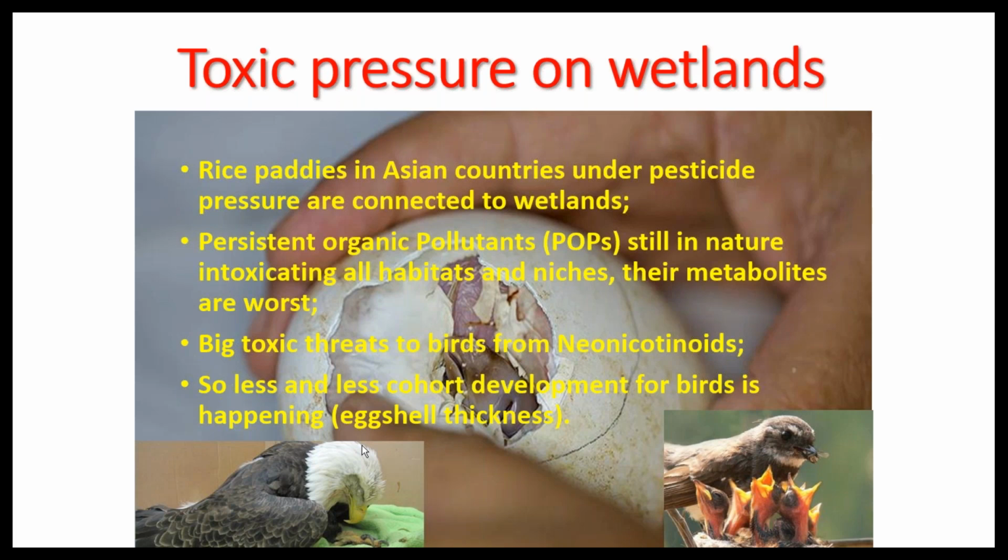Anyway, one of the big group of insecticides that used in recent years, neonicotinoids. Neonicotinoids, they are very, very potent killers of birds, as well as for bees, honeybees. They are really affected, and there are lots of documented papers about this pollution now.